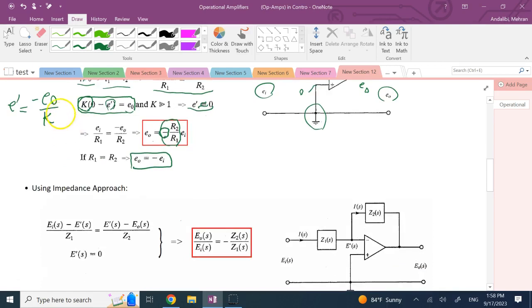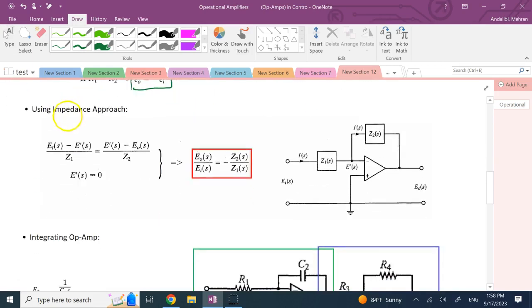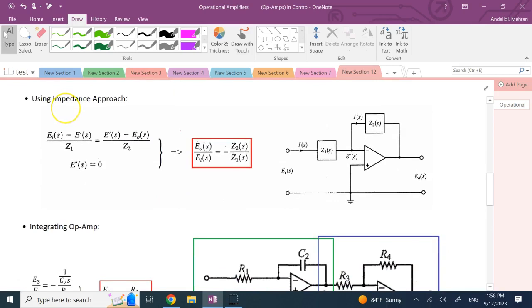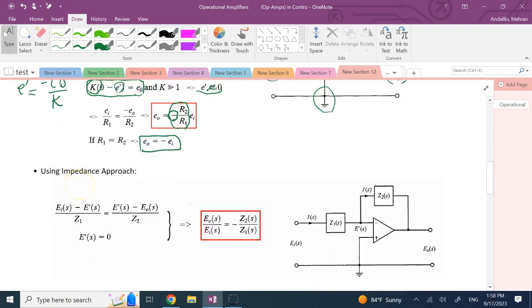But there is more than this simple thing that you can do, like amplifying or inverting. There is a lot more that you can do, and that comes when you bring in capacitors, and I'll show you. As long as you just have resistors, it's typically a gain or an inverter or both, but when you bring in capacitors, it makes it more interesting. And to analyze it with capacitors without going through the integral and derivative relations between current and voltage of a capacitor, we use the impedance approach.